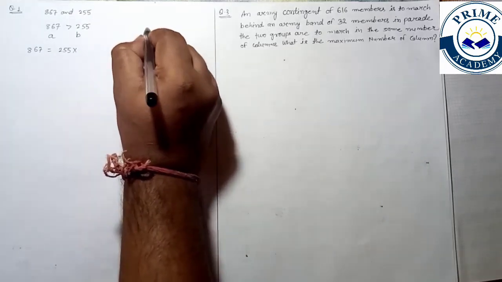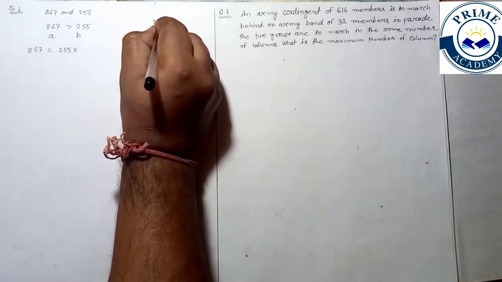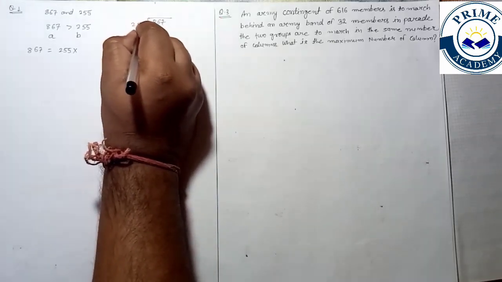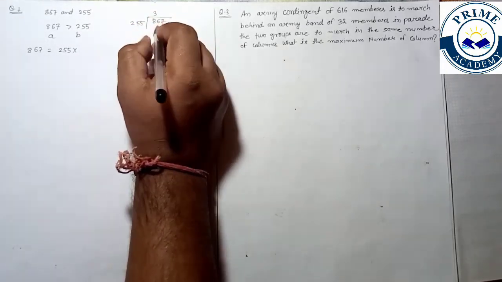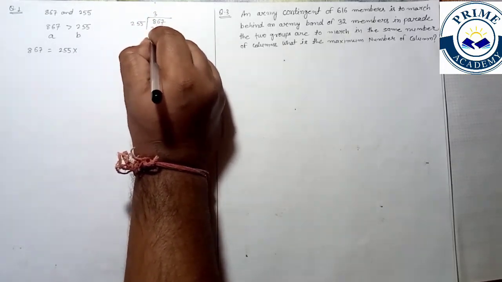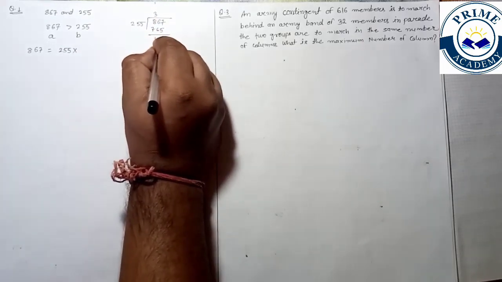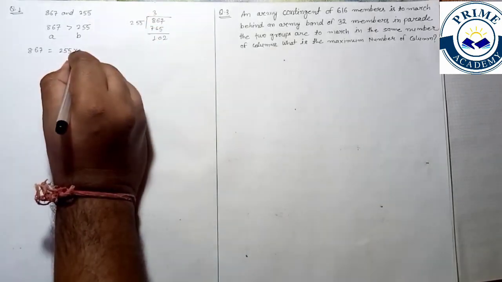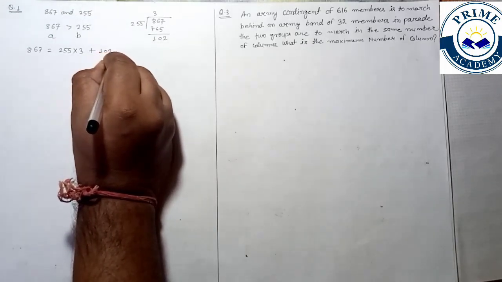You can easily divide it, as we have done at primary level. Just take 3 here, you get 765, right? So 102 will be the remainder. Write 255 multiplied by 3 plus remainder 102.